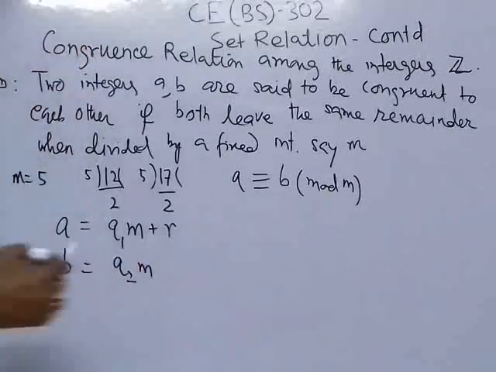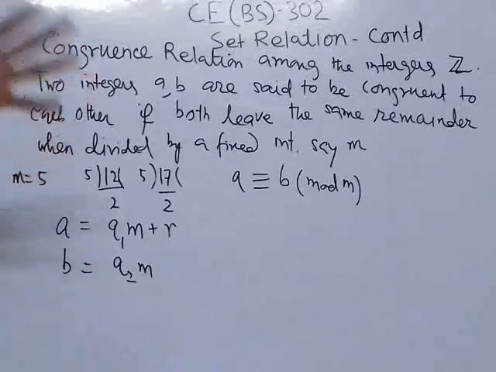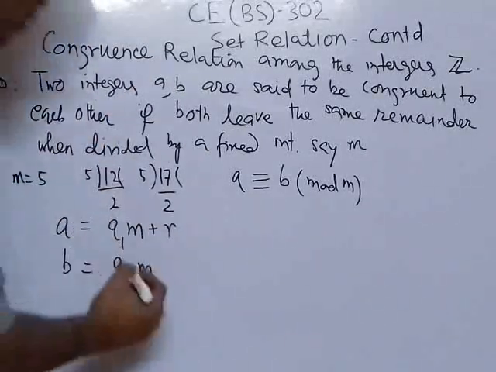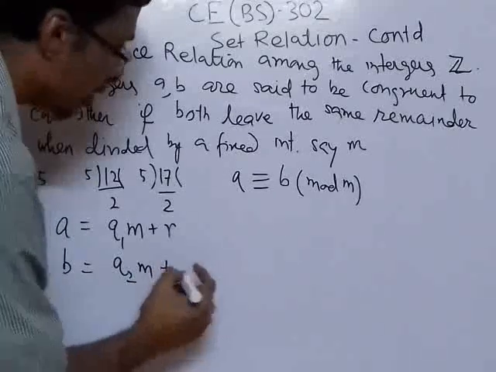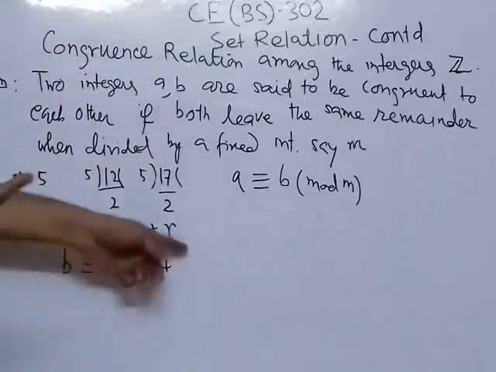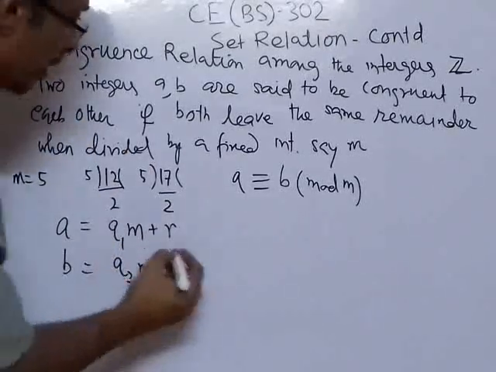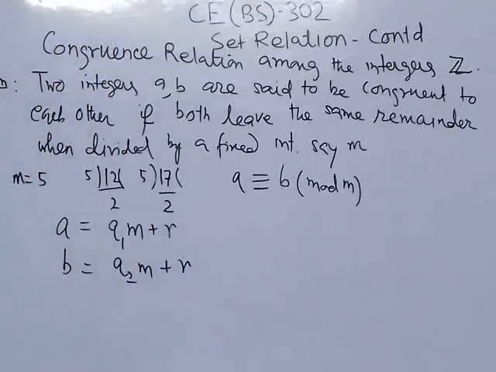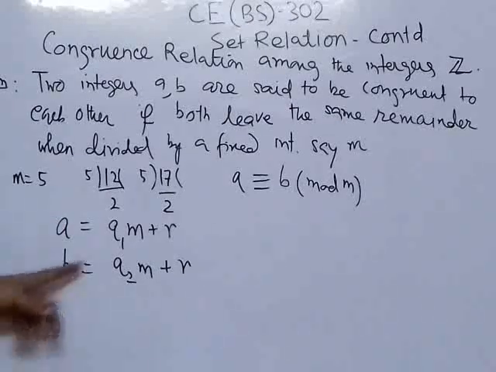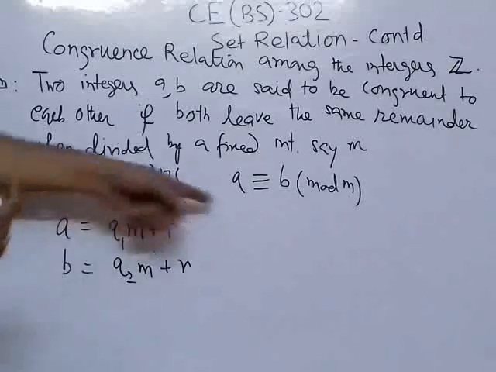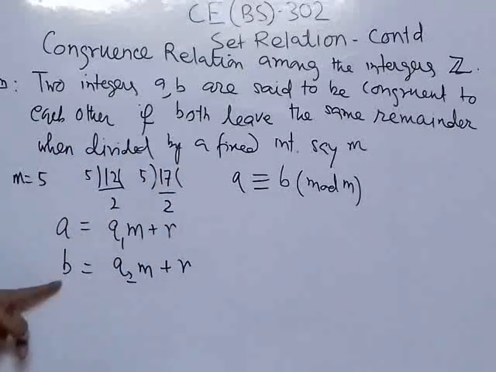Obviously we are talking about integer division only, so all these remainders should be positive integers. So b equals Q2 m plus R, and according to the Euclidean division algorithm, this R should be non-negative and less than m. So both of them produce the same remainder when divided by m. So this means a is congruent to b.